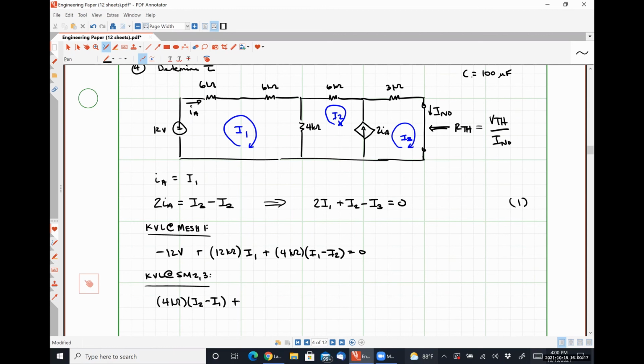All right, somebody else, what's next? All right, 6 kilo ohms times I2. All right, what's next? 3 kilo ohms times I3. And we're equal to 0. All right, so that's equation 1, 2, and 3. So we would solve those guys.